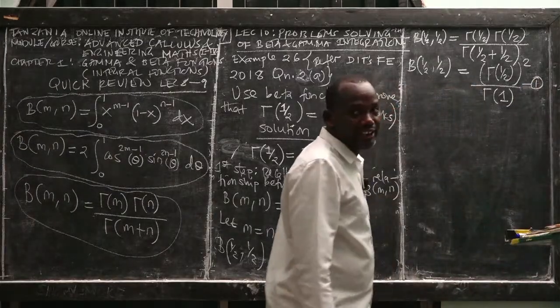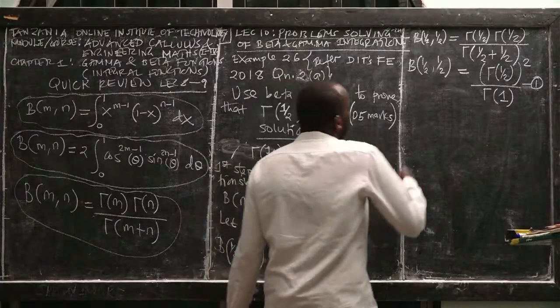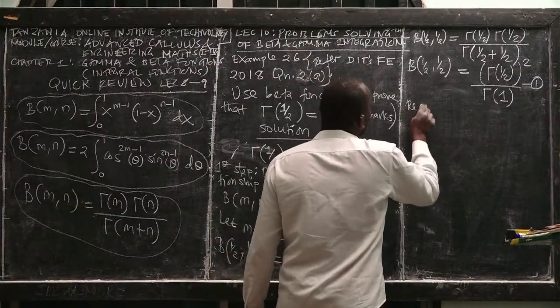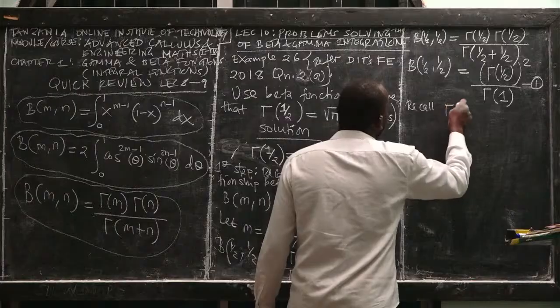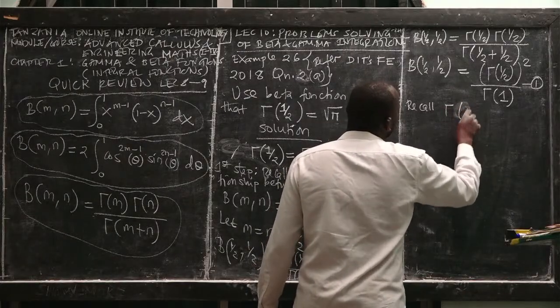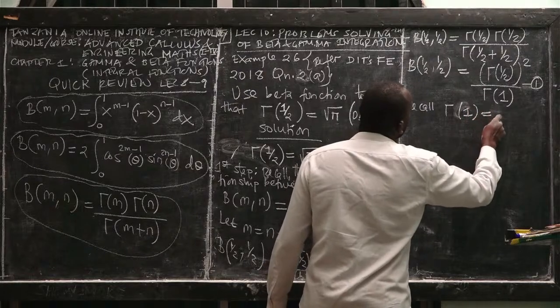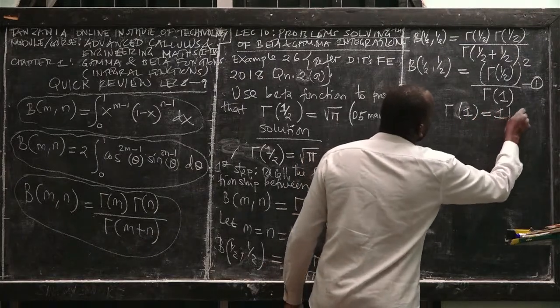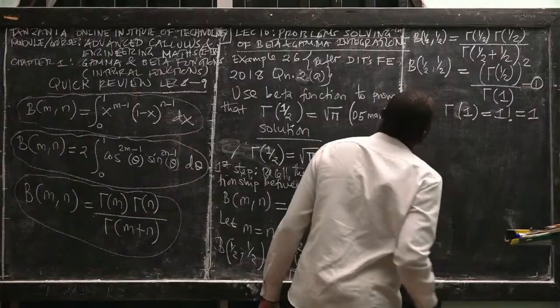Recall that gamma of 1 is standard: gamma of 1 is equal to 1 factorial, which is equal to 1.